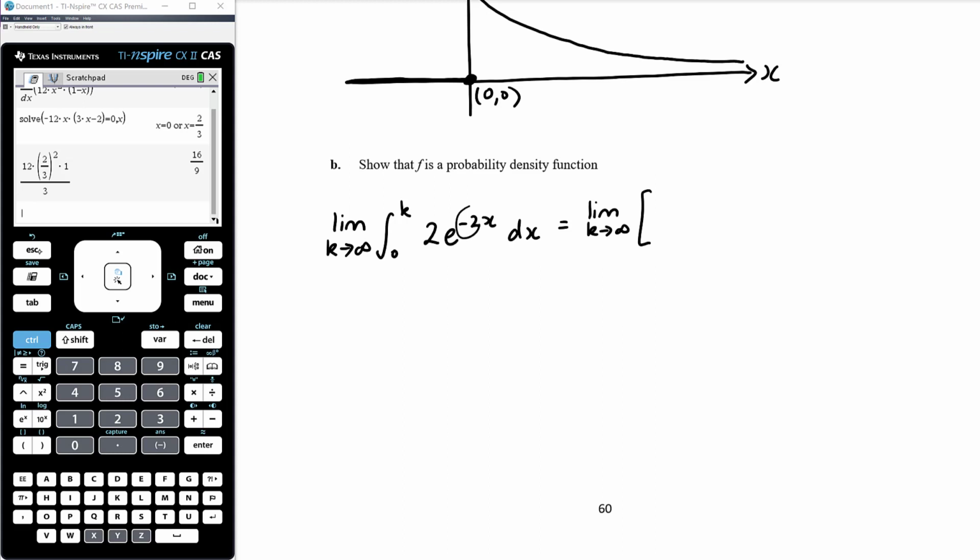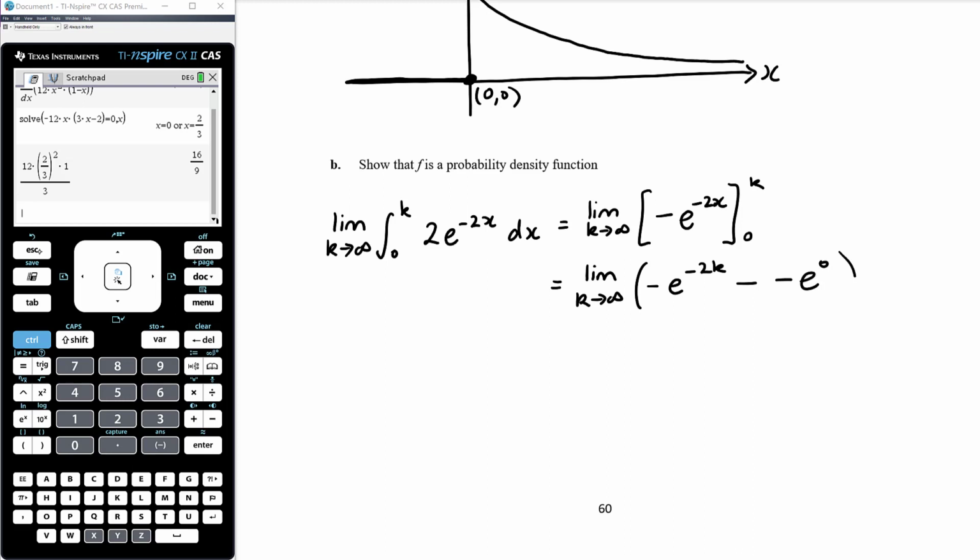Anti-differentiating the exponentials, we're going to divide by negative 2, so 2 divided by negative 2 is going to be negative 1, so it's just going to be negative e to the negative 2x from 0 to k. So we're taking the limit as k approaches infinity. We're going to sub k in, so we're going to have negative e to the negative 2k minus negative e to the 0.